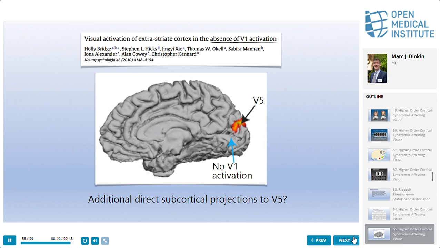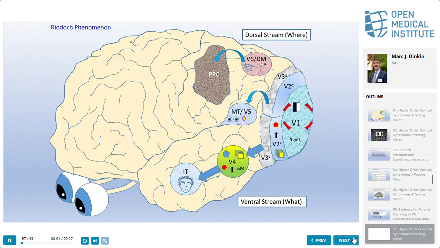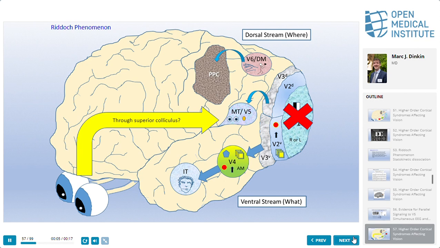And I'll skip this slide, but it must be probably from the superior colliculus. So in Riddoch phenomenon, probably what we have is occipital cortex is gone, but there's some other pathway from the eyes, from the optic nerves, right directly to MT/V5 to pick up the motion. And I think it's probably through the superior colliculus, but that's a theory. Okay, so that's Riddoch phenomenon.